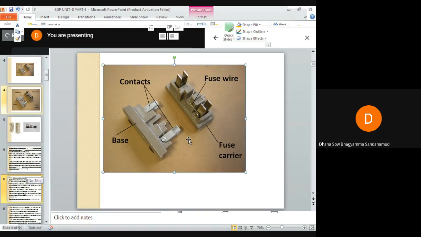If I want the fuse to blow out after a longer period of time, that is, if a fault occurs and I want the fuse to blow with a time lag, where the time taken for the fuse to melt should be more than in general when using other fusing elements, then zinc is preferred as the fusing element. It will not blow out or melt for very small overloads.